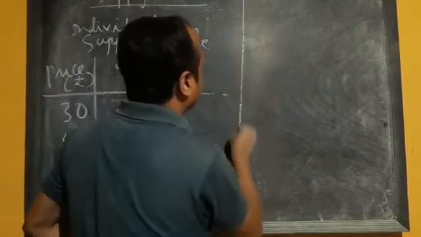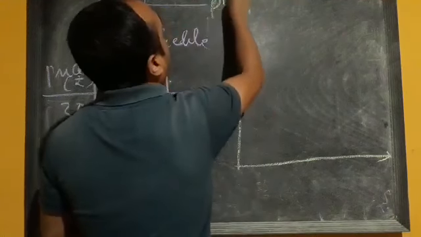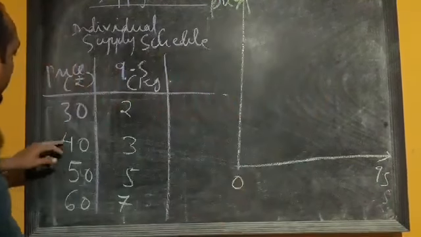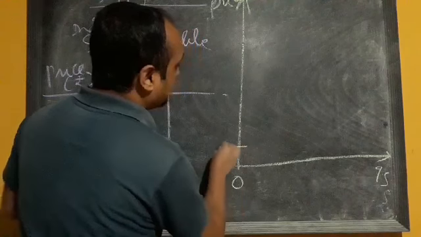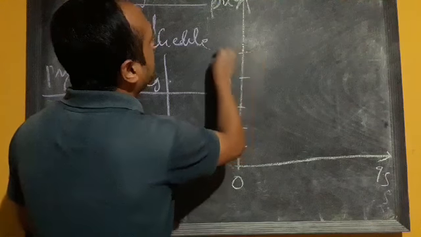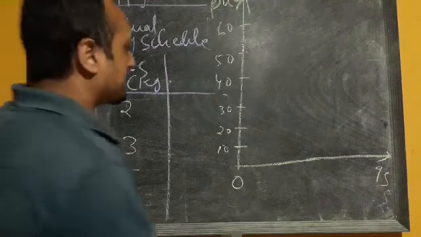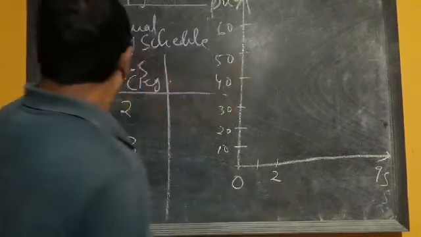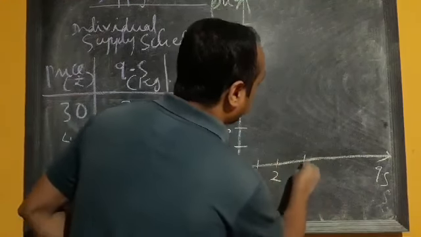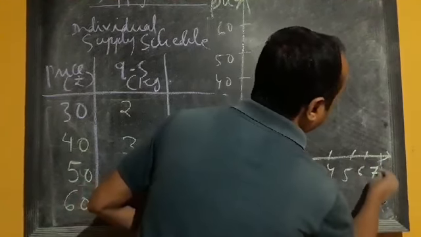So now let's take, suppose, price and quantity supplied. Price is 30, 40, 50, 60. Suppose this axis is 10, 20, 30, 40, 50, 60, and this one is 1, 2, 3, 4, 5, 6, 7.